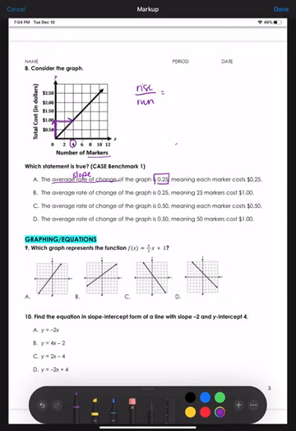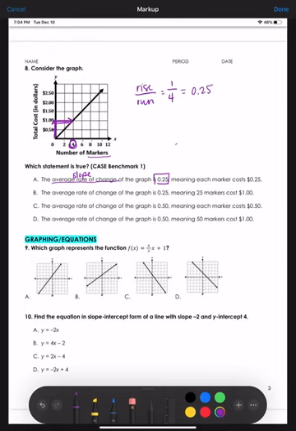I'm going over 4. So be careful with scale here. It looks like if I go up 1, I'm going over 2. So that would be 1 over 2. Oh, sorry, that is wrong. Not 1 over 2, 1 over 4. I'm going over 2 grid spaces, but the value of that is 4. So this is 1/4. If you plug that into your calculator, it is the same thing as 0.25.